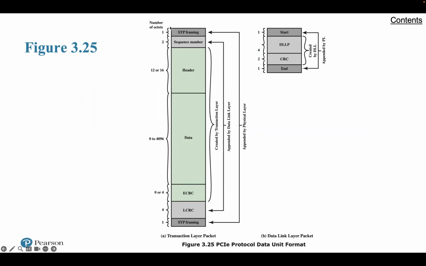So we see that the total number of things increases as we put this all together for this complete thing that we're showing in this table. So a TLP originates in the transaction layer of the sending device and terminates at the transaction layer of the receiving device. Upper layer software sends to the TL the information needed for the TL to create the core of the TLP, which consists of the following fields.